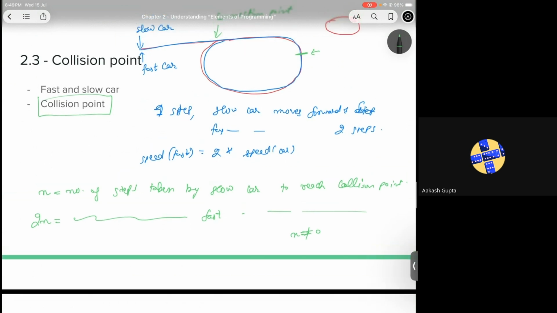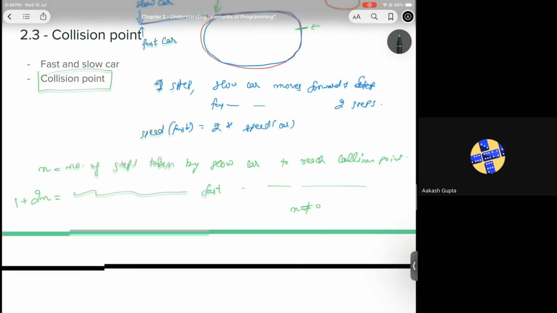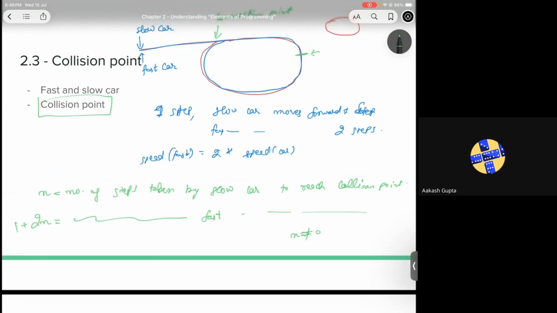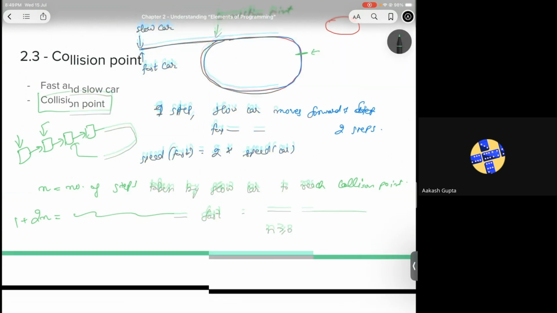Because for n equal to 0, both are at the starting point. So one formulation will be like this. The second formulation, which is chosen by the book, is that we start with one step on the racing line. So basically, let's say this was the starting point and these were the subsequent nodes. Slow car will start from the first point, while fast car will start from one point ahead, such that whenever they meet, n is greater than or equal to 0. In our conditions, we can simply put n greater than or equal to 0. We don't have to take care of a special case for n equal to 0 in our analysis. But both approaches are correct.